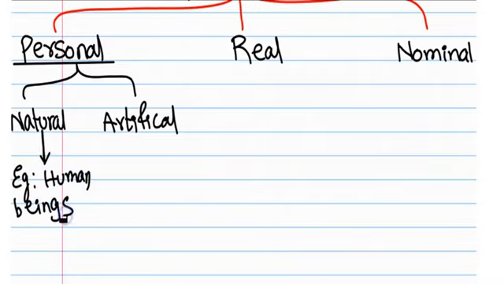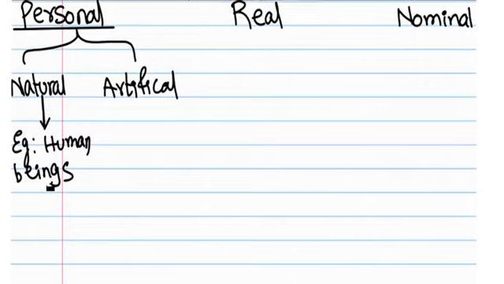Each and every human being has their own identity. For example, Ram, which is the name of a person, or Lakshman, again the name of a person.